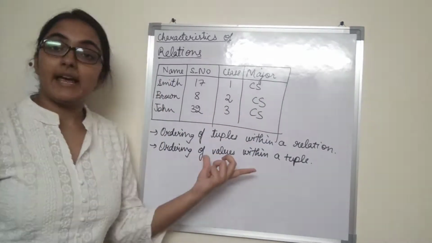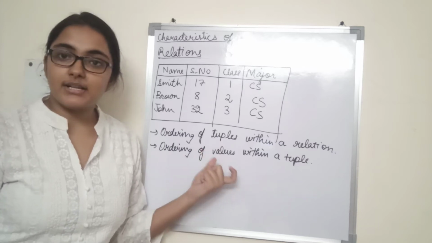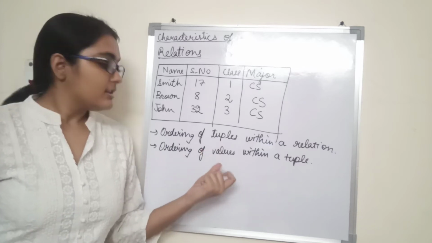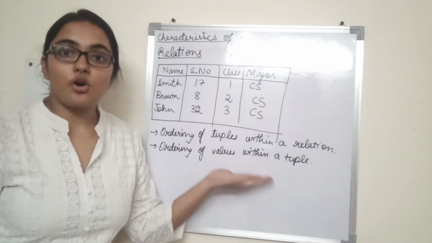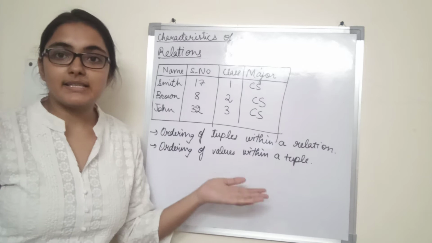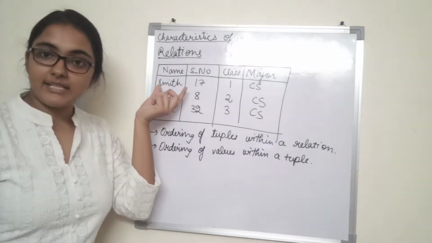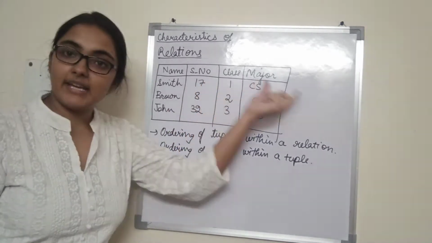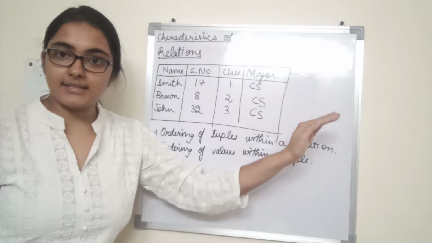We define an n-tuple as an ordered list of n values. If a tuple is an ordered list of n values, then it means that ordering is necessary, right? Ordered list means first we have to write Smith, then 17, then 1, and then CS. If we specify this order, then ordering is necessary.